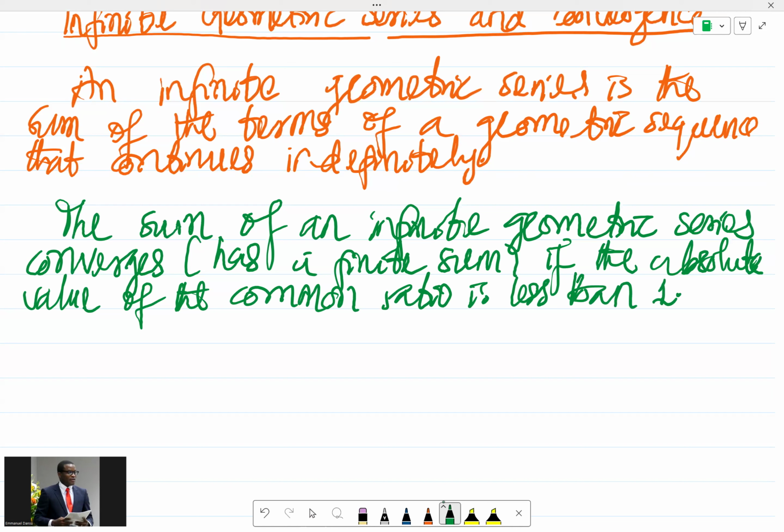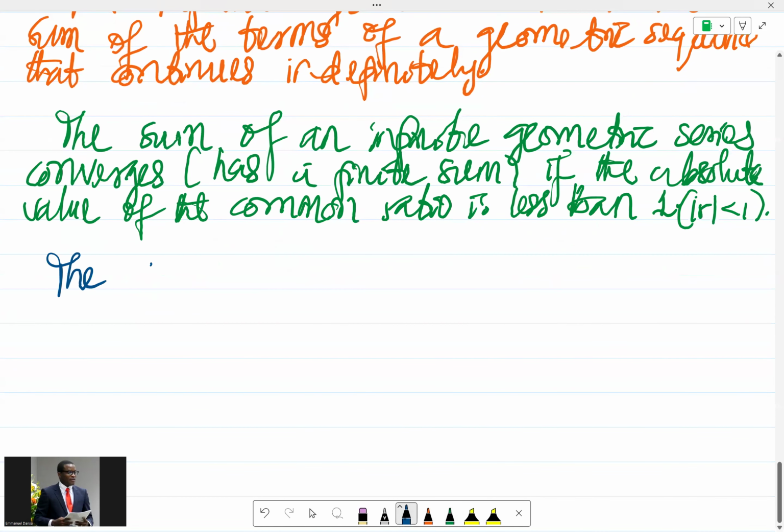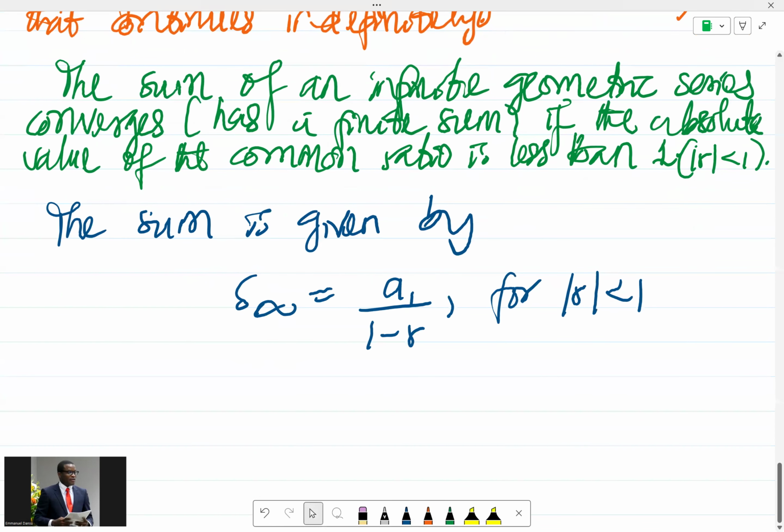And just like we saw before, the sum is given by S infinity equals first term over 1 minus R, for absolute value of R less than 1, just like we saw up there. So that is the sum.